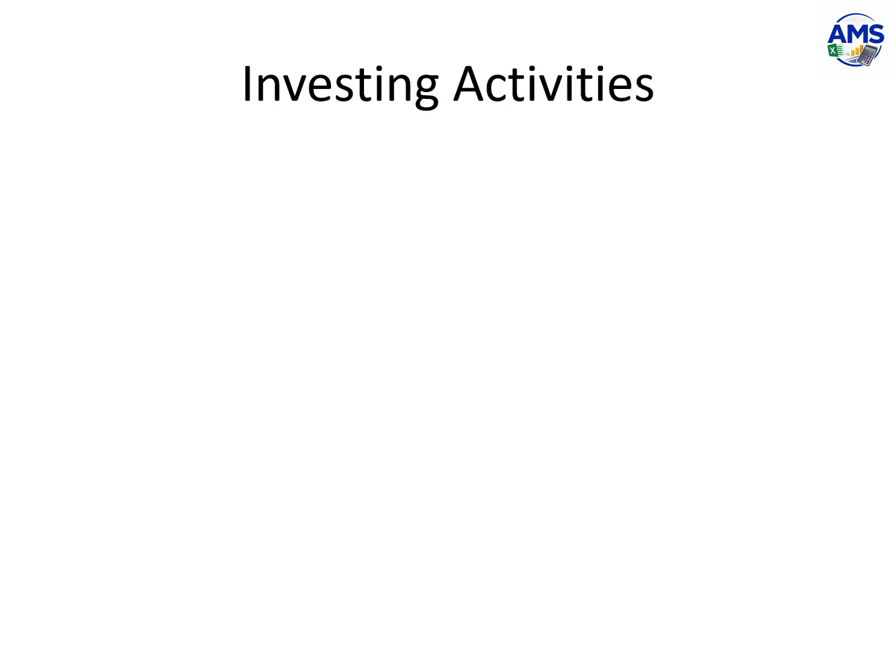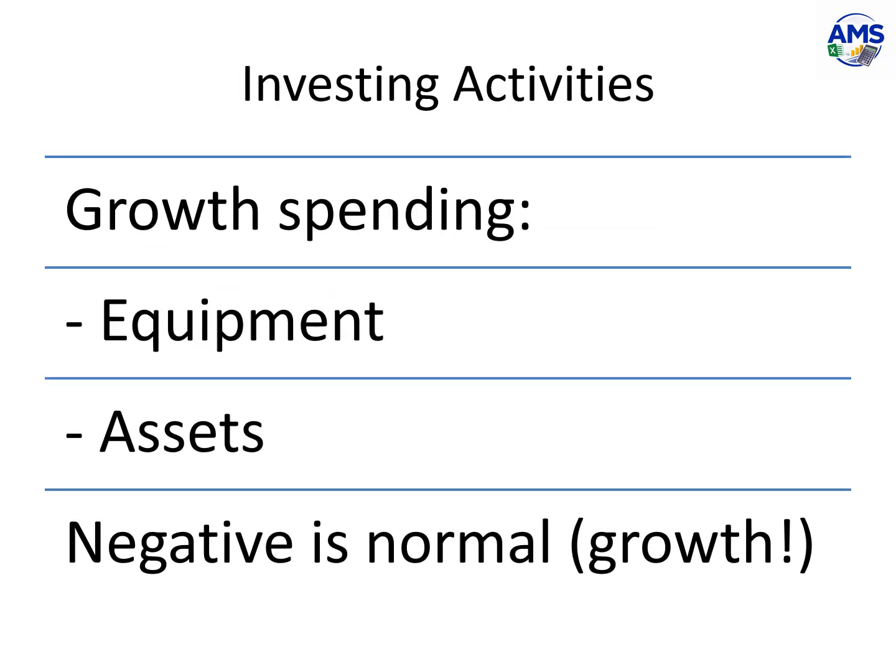Let's look at the investment activities. The investment activities is where your money is being used to grow. This part shows money spent on or earned from investment. Examples include buying equipment, selling assets, investing in other businesses.